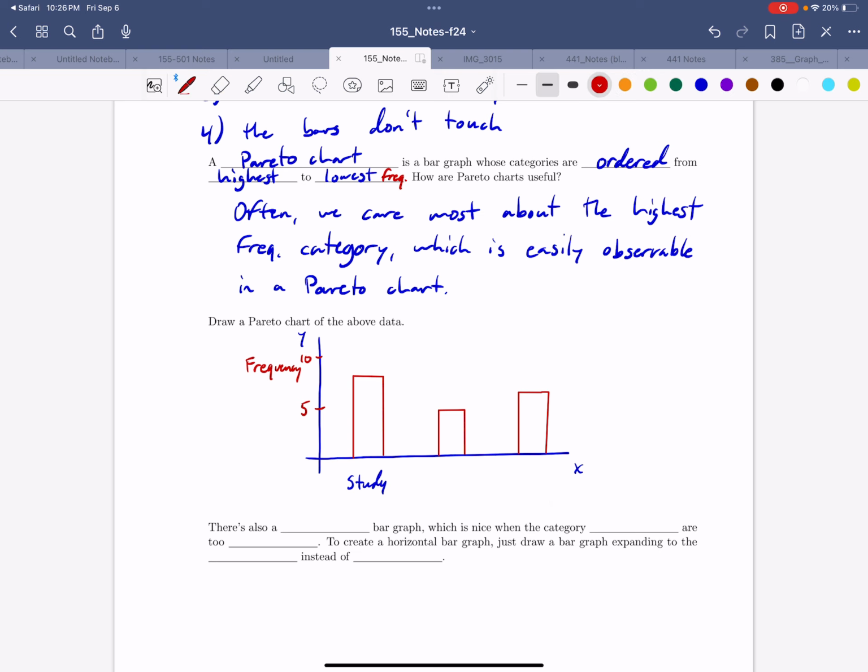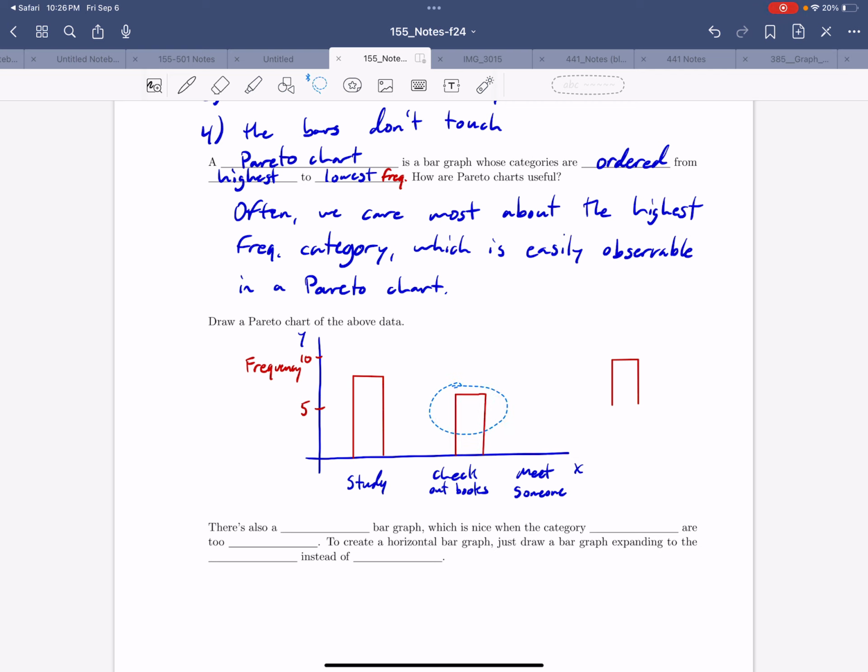Guess I ought to switch these categories, right? All right, studying is already number 1. But check out books and meet someone are kind of the opposite. So I do that, and then let's see if I can get away with this. Can I? Oh, not quite. Move this guy.